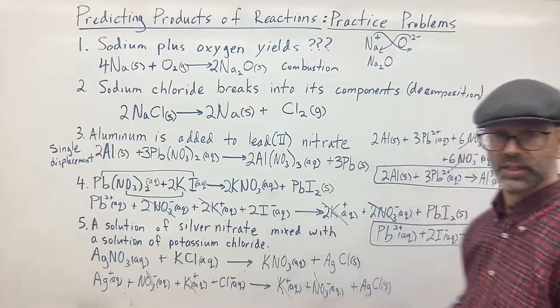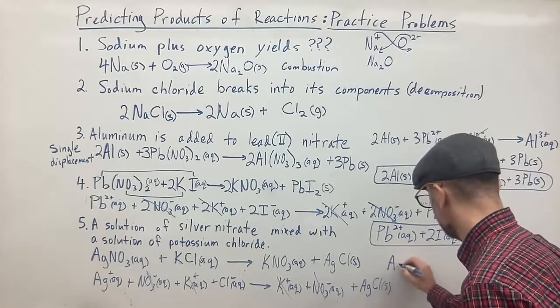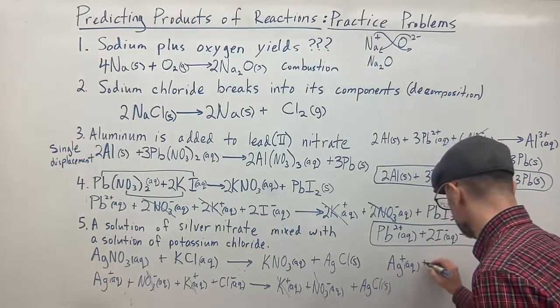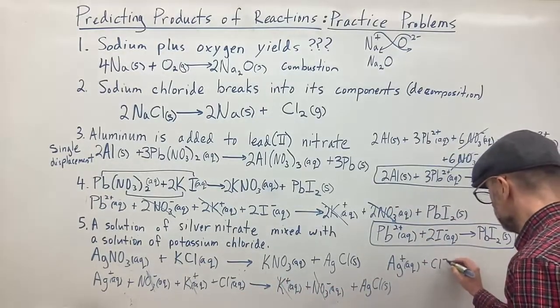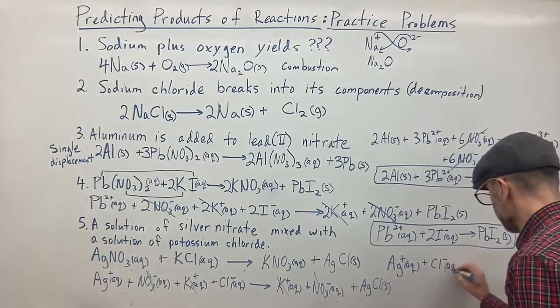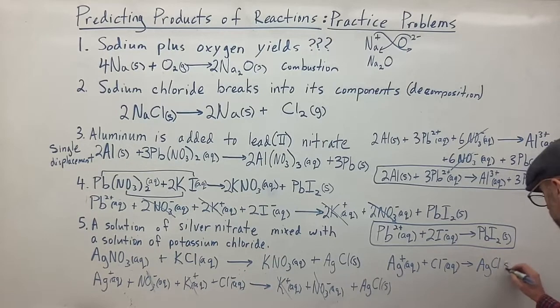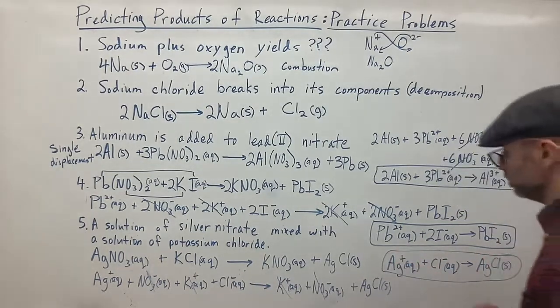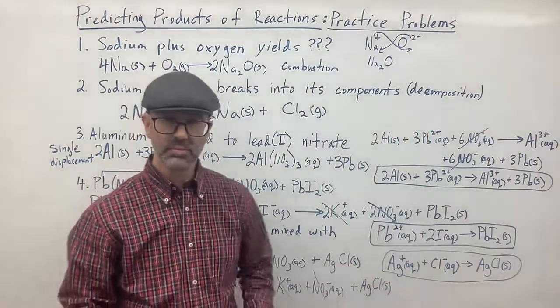And so finally, the final equation is going to be Ag plus aqueous plus Cl minus aqueous goes to AgCl solid. So that is the final equation for this reaction.